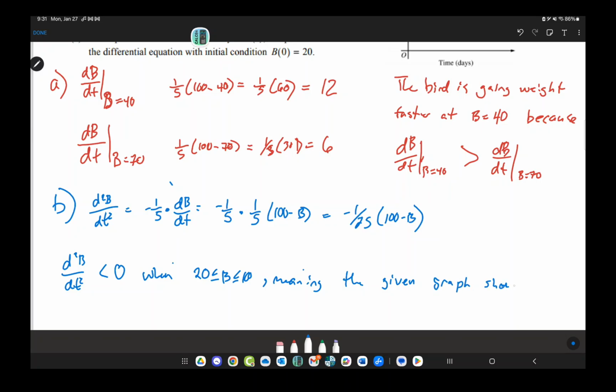Well, actually, I would say this graph has a section that is concave up.